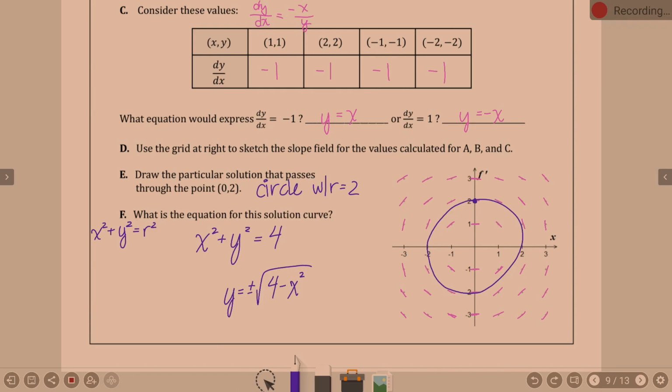What's happening to our slope values as we move from left to right? Increasing, decreasing? It's just decreasing.